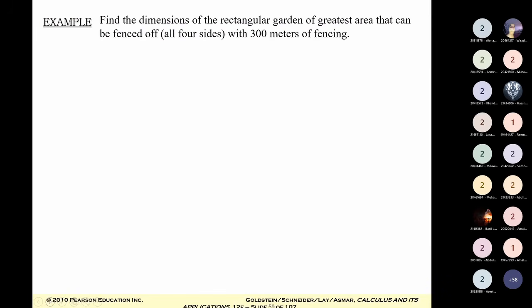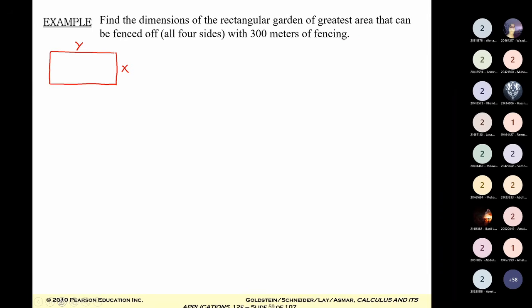Okay, the second one, we need to find the dimensions of a rectangle. So we have a rectangle, x and y, of the greatest area.